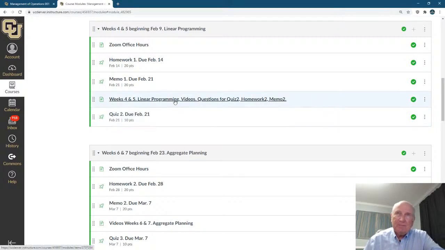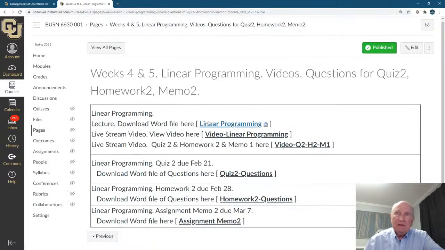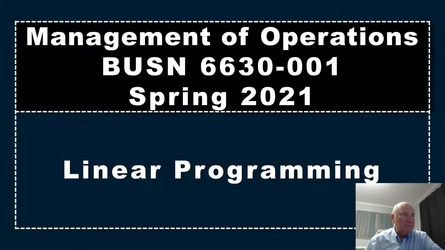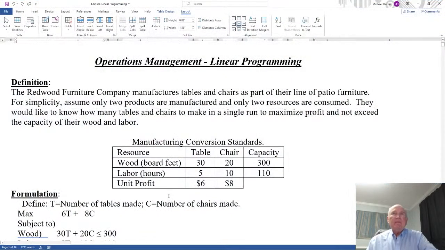And so you click on the material here. Here's where you download the questions, homework, and assignments. And get all of them before you submit them. Okay. So let's download the linear programming Word file for the lecture. I've already done that. And so let's bring that up.